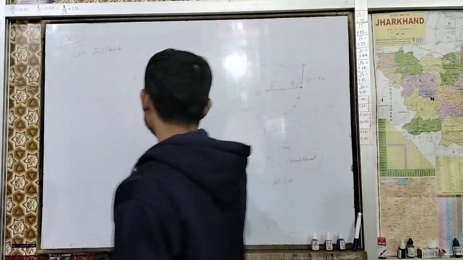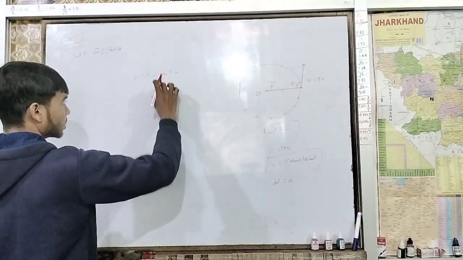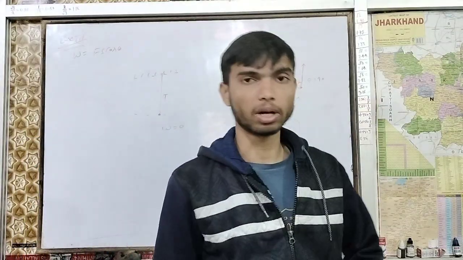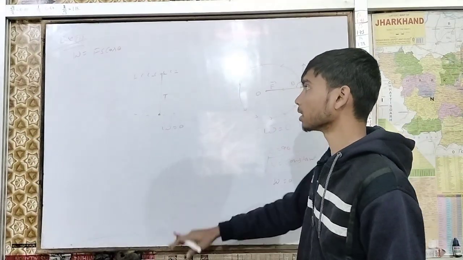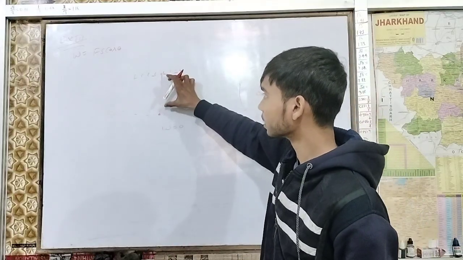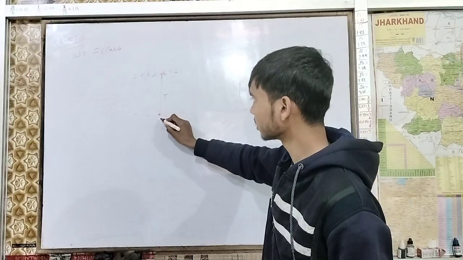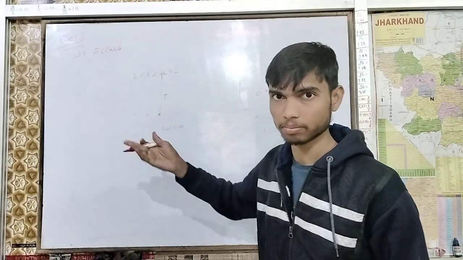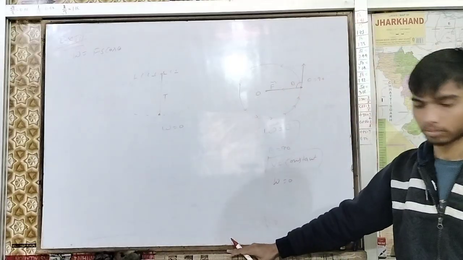So remember, work done by string will be 0 always. There is no displacement of this string. You can see no displacement. Is it going over here? No. Displacement is the same.